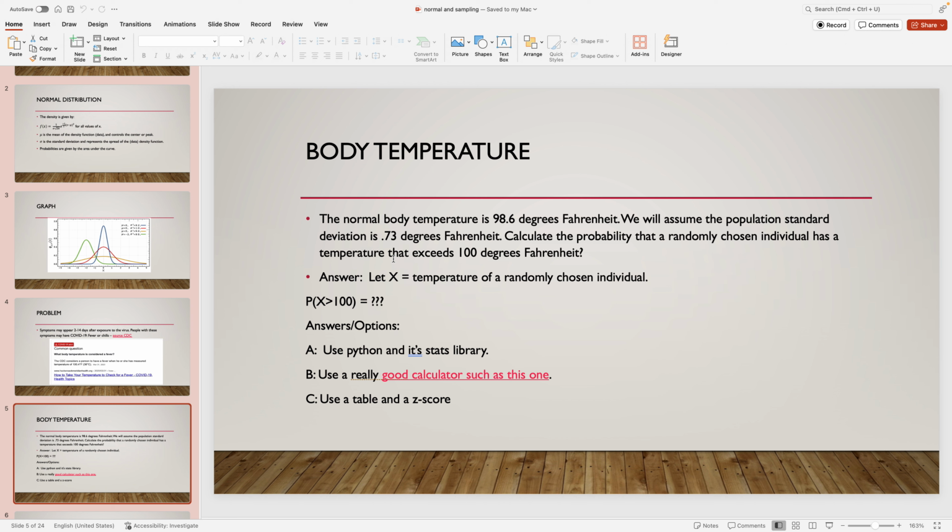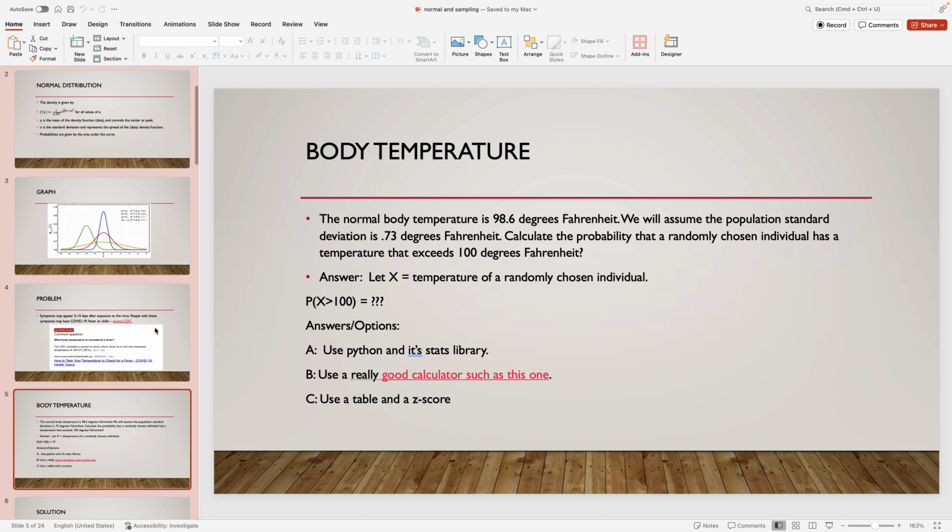So we're going to assume a normal distribution here, and we want to calculate this probability. In order to calculate that probability, you can use Python, you can use a calculator that's linked here, or you can use a table, and the table is in the back of your book.